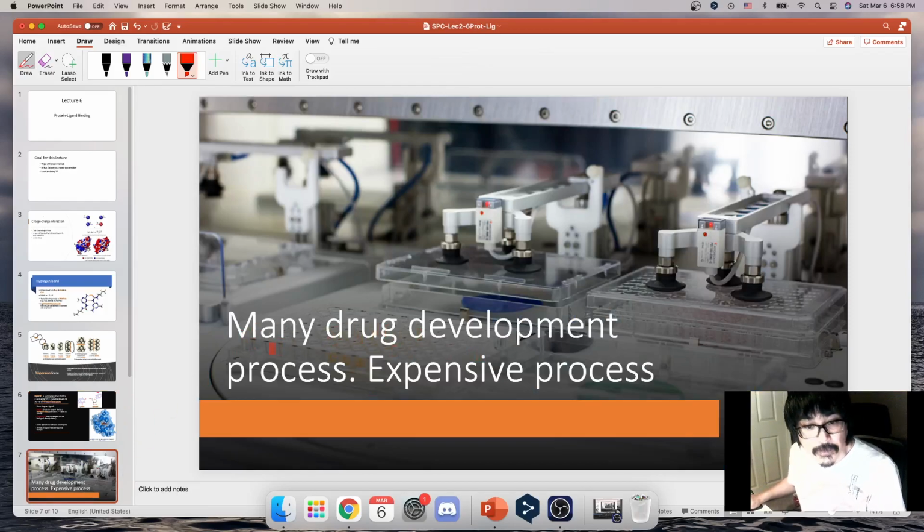So many times when we try to create a drug, we are going to go through many different trials, and doing that blindly with experiments is kind of expensive, because you may have to try out 1,000 chemicals, or maybe 10,000 chemicals, or 100,000 chemicals, right, to get the maximum effect.